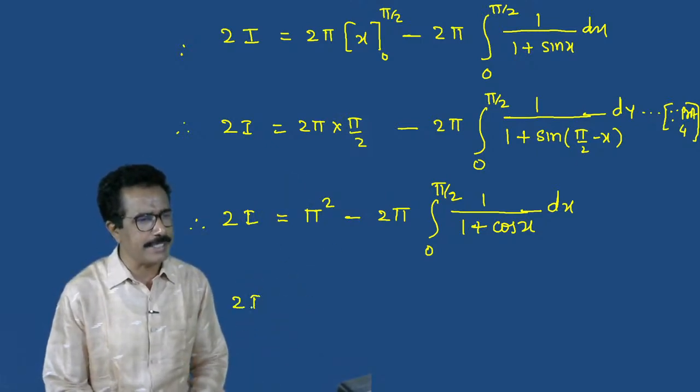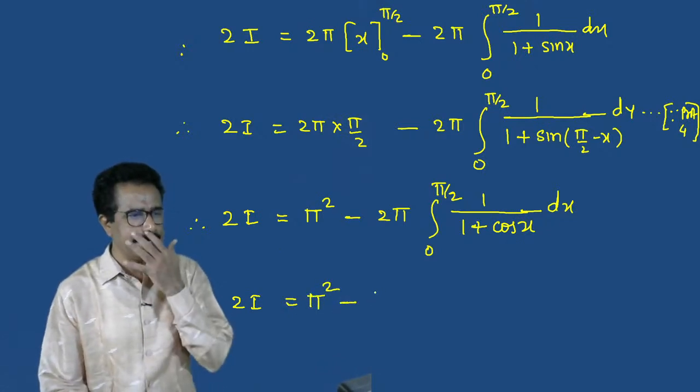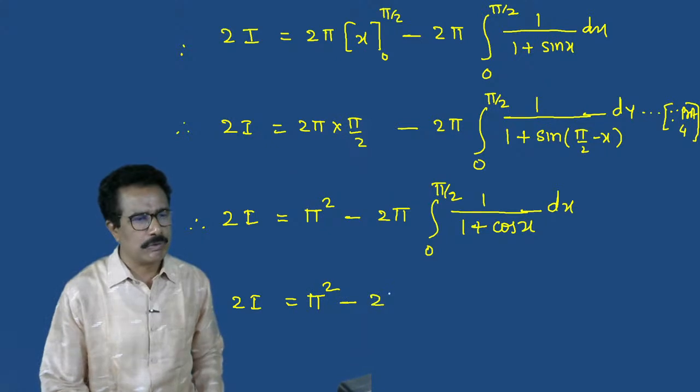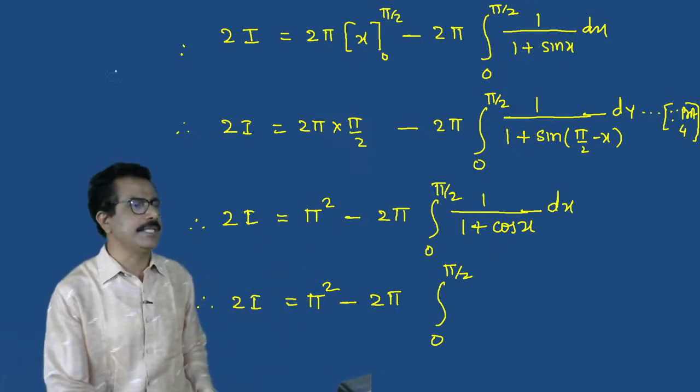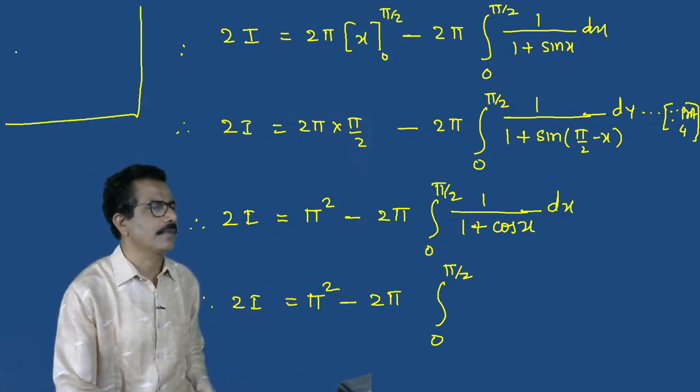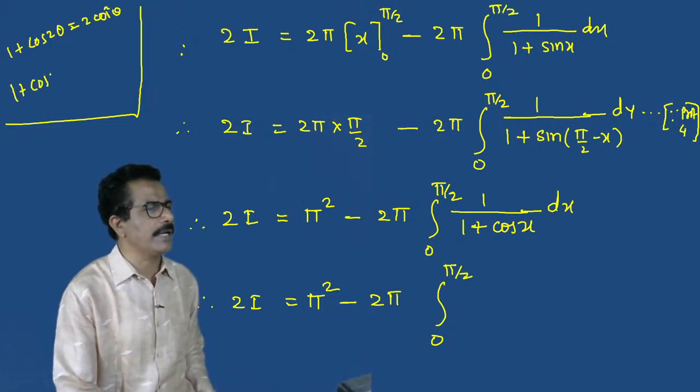So 2i is equals to pi square minus 2 pi integral from 0 to pi by 2, 1 upon 1 plus cos theta. फॉर्म्युला आहे पहा. 1 plus cos 2 theta is 2 into cos square theta. So we can write 1 plus cos theta means 2 into cos square theta by 2.